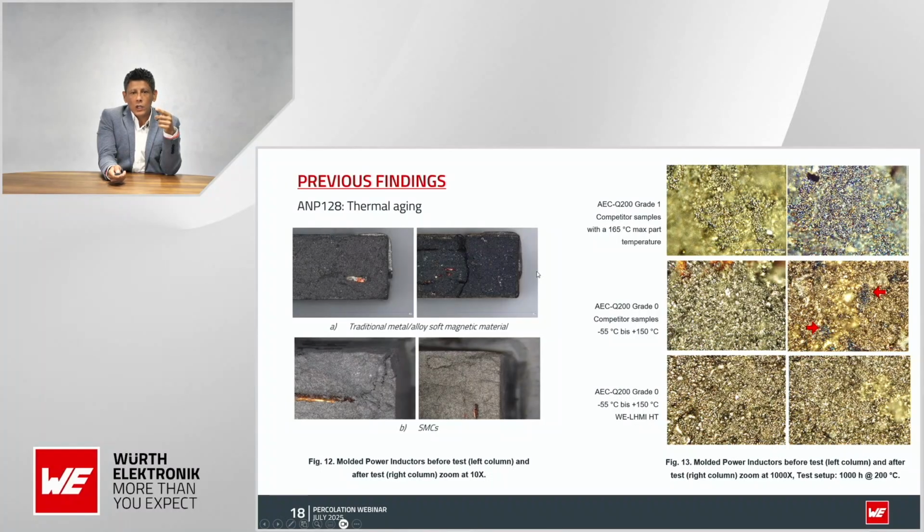But even if you use a competitor part, grade 0, that means higher temperatures, that runs a lot of the tests as the AEC-Q recommends, you can find small spots here where you can see the beginning of the phenomenon. In our case, after these years of research, we can offer some kind of combination of glue, coating, and different kinds of particles to get no evidence of this percolation or thermal aging.